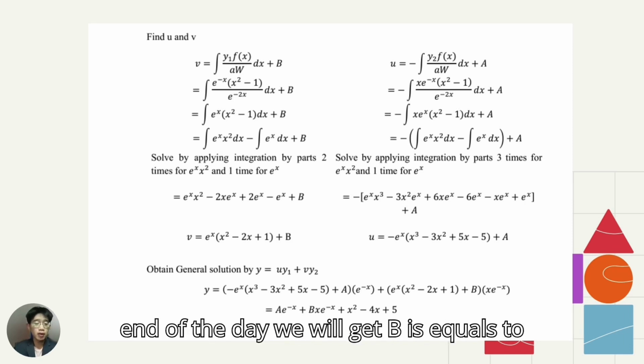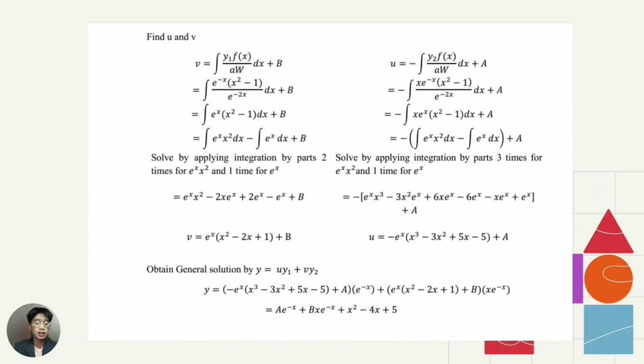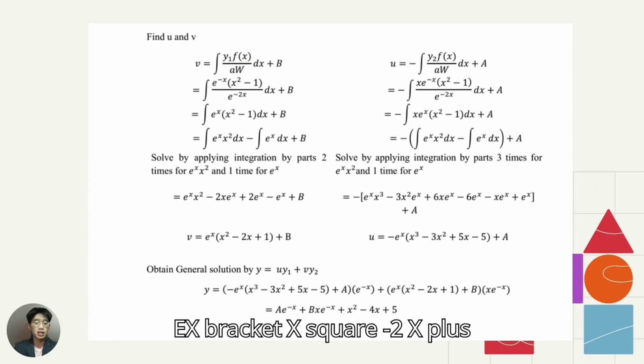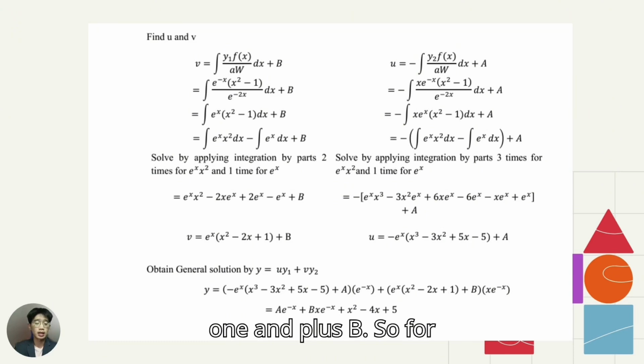At the end of the day, we will get v is equal to e^x (x squared minus 2x plus 1) plus b.